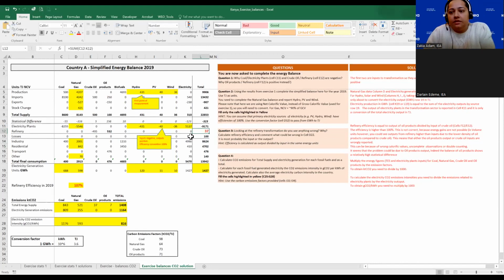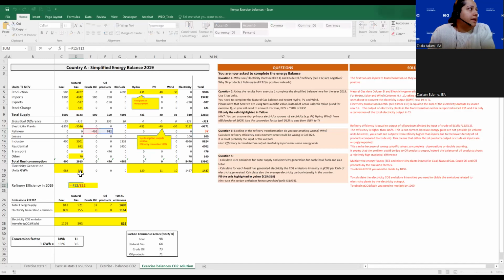And if we calculate the refinery efficiency, here I calculated it. Your output divided by your input, you get 107%. So it's above 100%, and so it's too high. This is not correct, because energy gains are not possible.